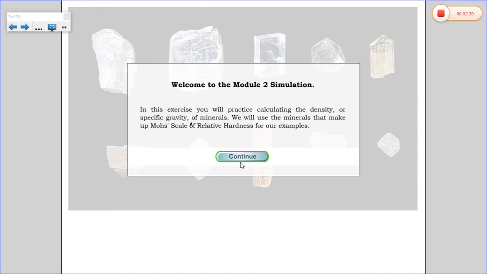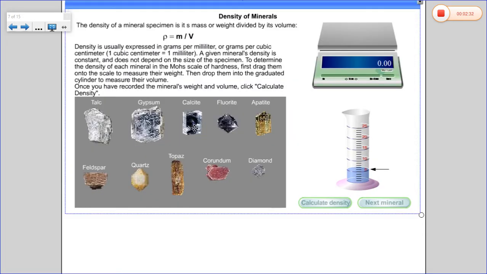Okay, let's see what we are going to do now. Density is represented by the symbol rho equals m, which represents mass, over v, which represents volume. Now this is the rule.